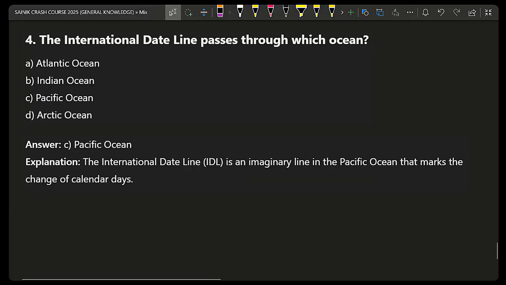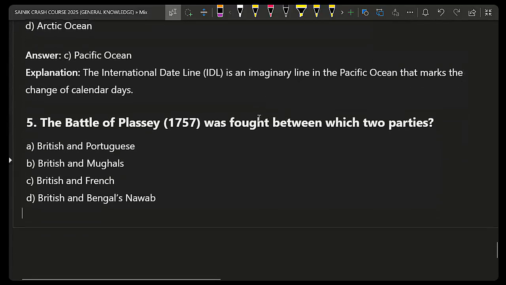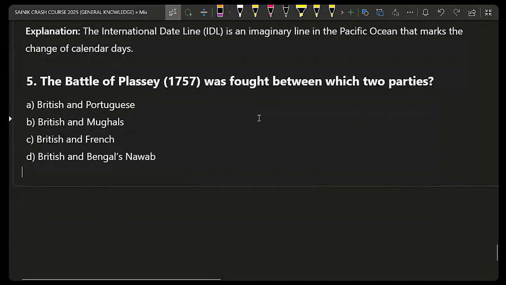It is about history. The Battle of Plassey, 1757, was fought between which two parties? British and Portuguese, British and Mughals, British and French, British and Bengal's Nawab.